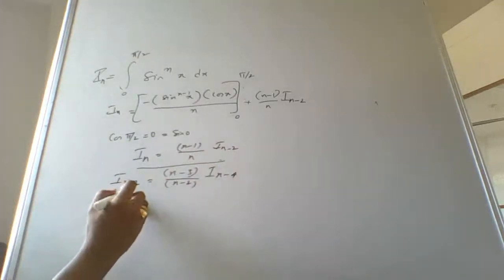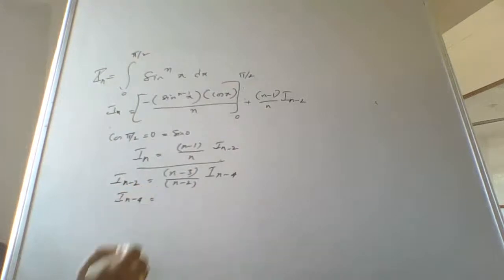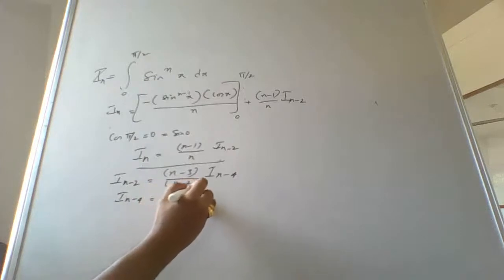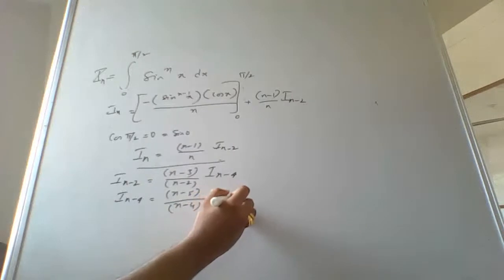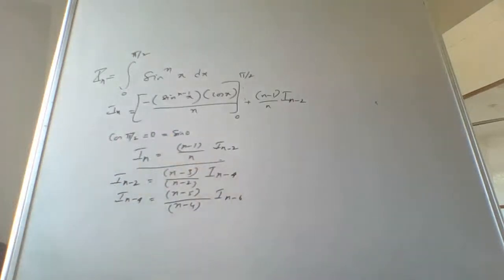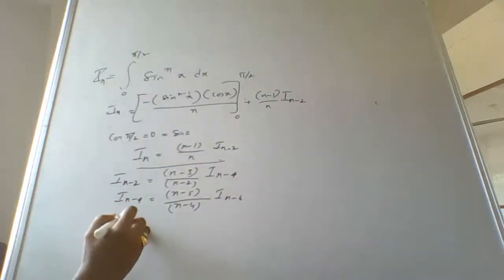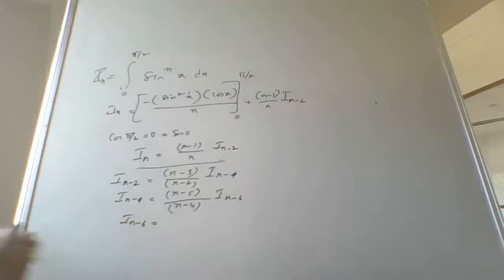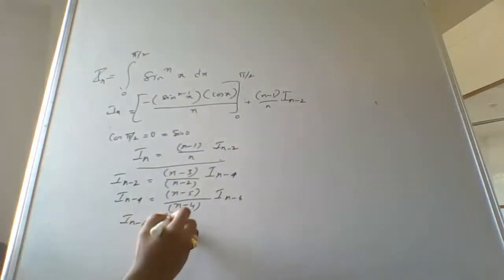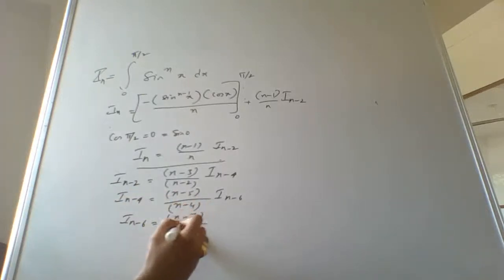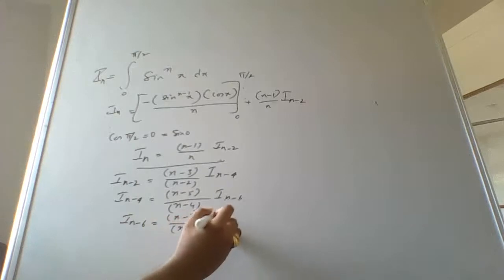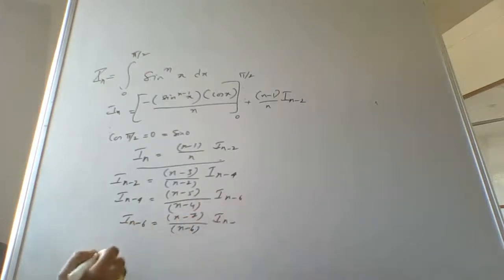Now for I n minus 4, I get n minus 5 divided by n minus 4, and this will be I n minus 6. Likewise, for I n minus 6, this is n minus 7 divided by n minus 6, and this is I n minus 8, and so on.